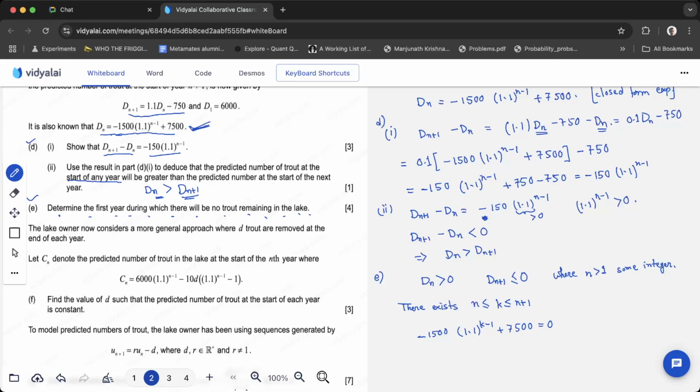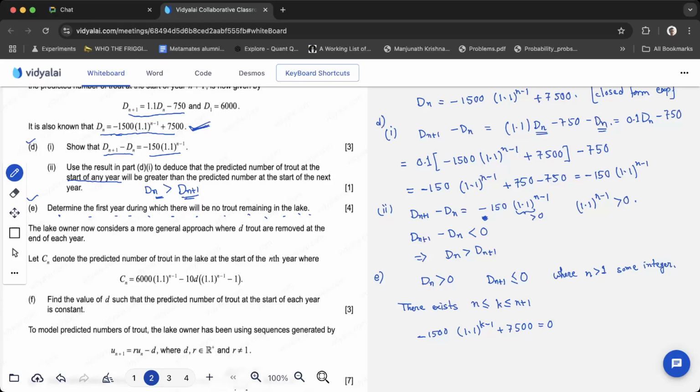Why? Because dn is greater than 0 and it decreases to less than or equal to 0 at dn plus 1. So there must be a crossing point because dn decreases monotonically in between n and n plus 1.